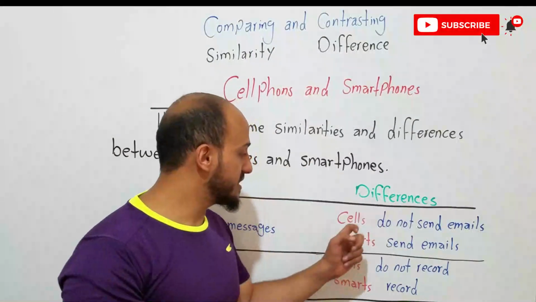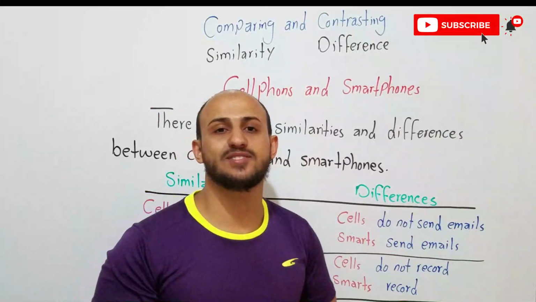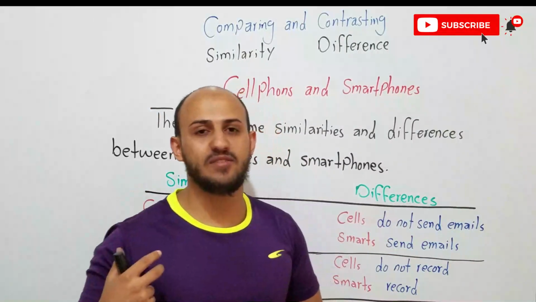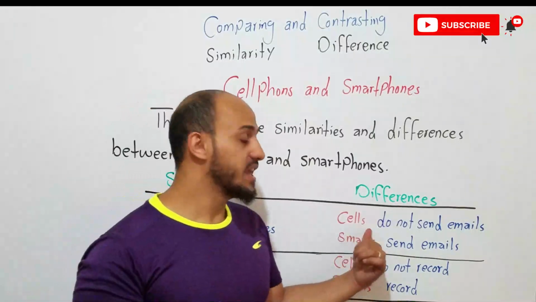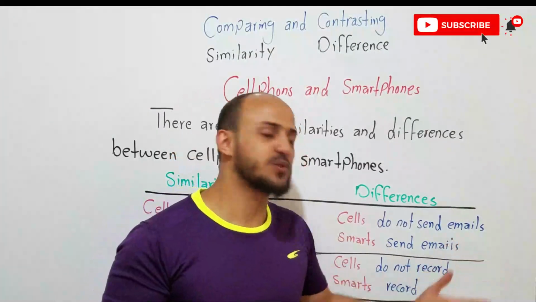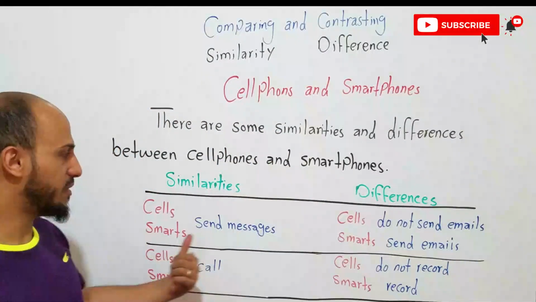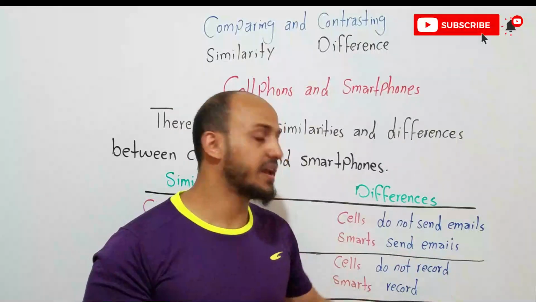Here, differences. Cell phones don't send emails, the old cell phones that we had. They cannot connect to the internet, so you cannot use your emails. However, you have here smarts, which send emails.